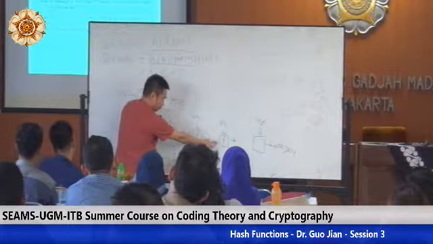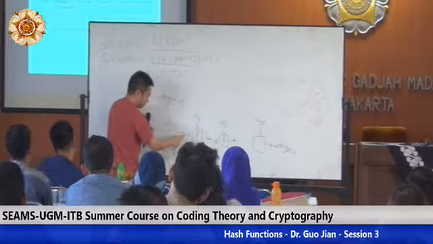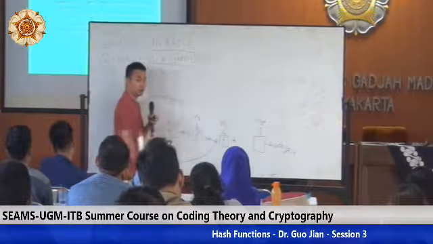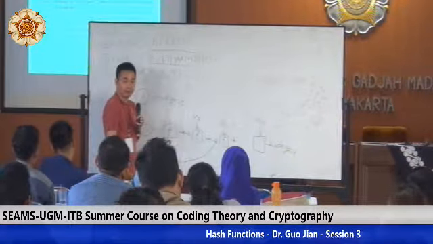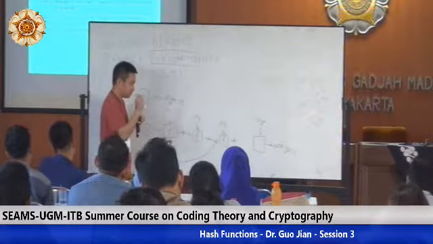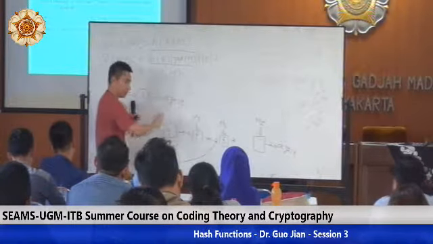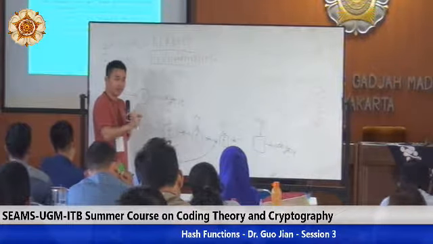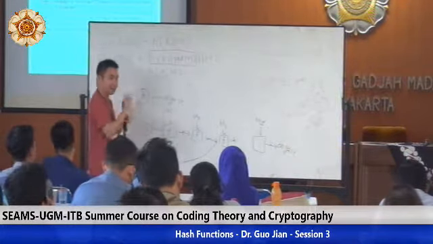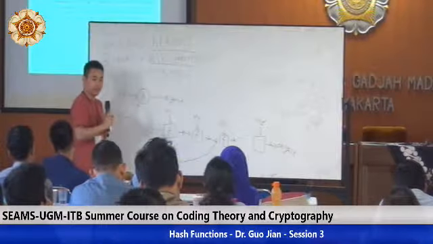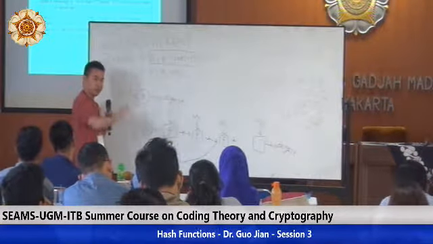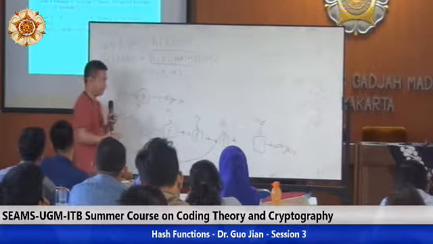So these hitting places can be either here or here or here or anywhere among all the 2 to the k values. Yeah? So the chance for you to hit one of them is increased from 2 to the negative n to 2 to the k minus n. Yeah? So the chance is increased by a factor of 2 to the k.